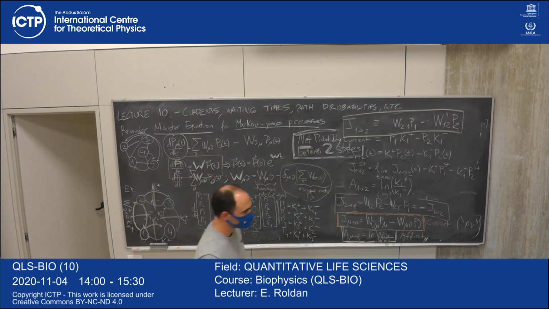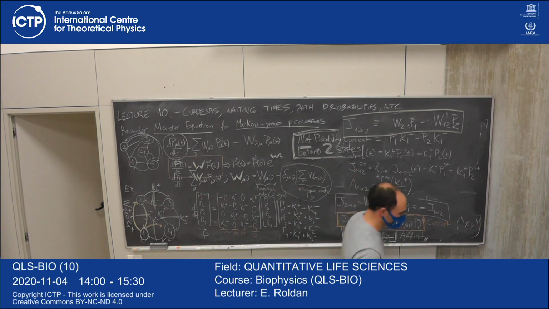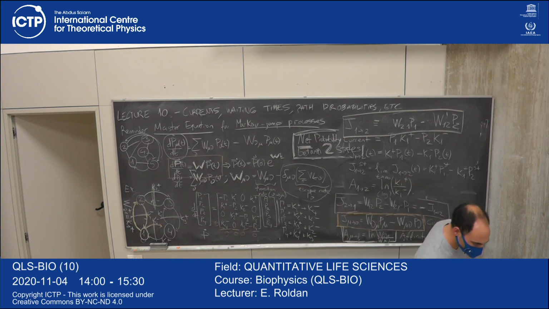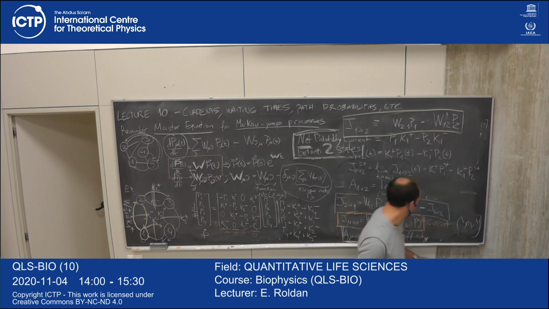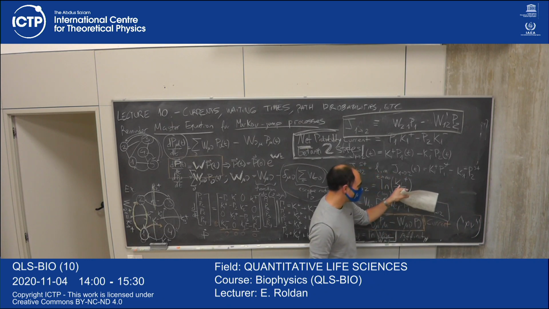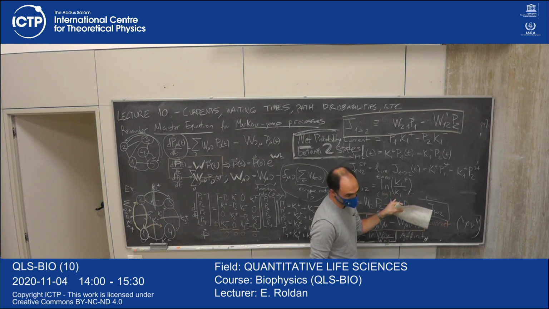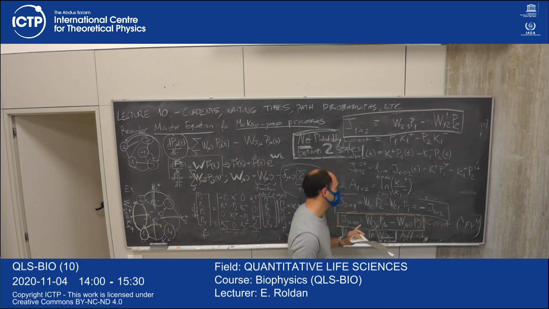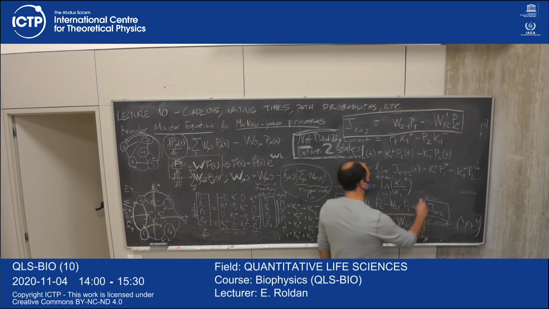Can you repeat? I don't remember, maybe it was the energy. Yeah. So you can have a system where you put k1 plus like an Arrhenius law, e to the minus beta E, and this is e to the beta E. So when you do the logarithm, this will be related to energy. This is a good point. This is called the affinity.